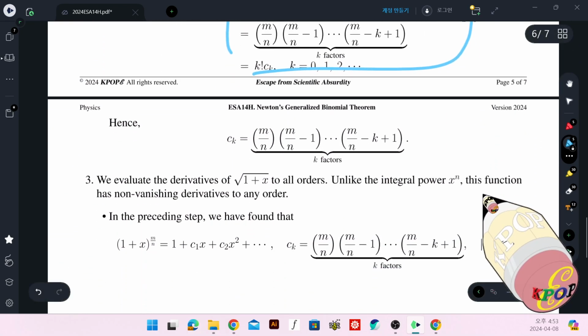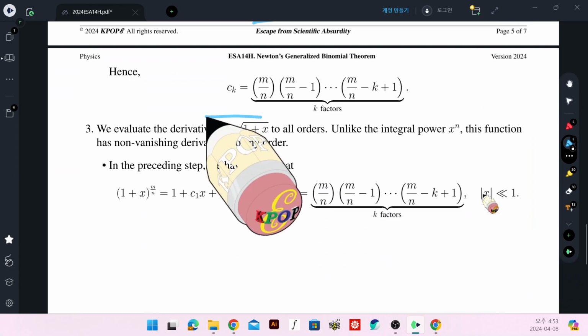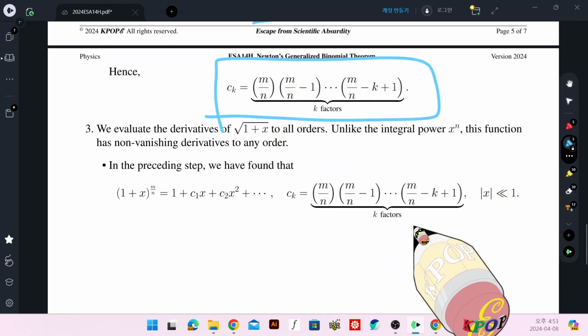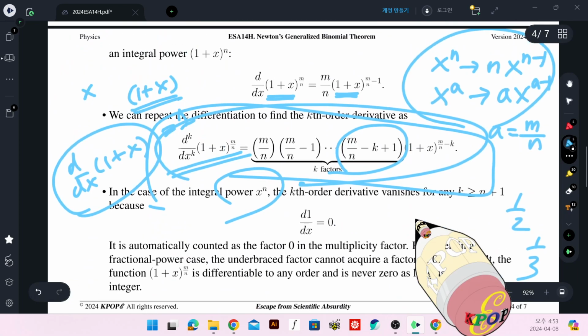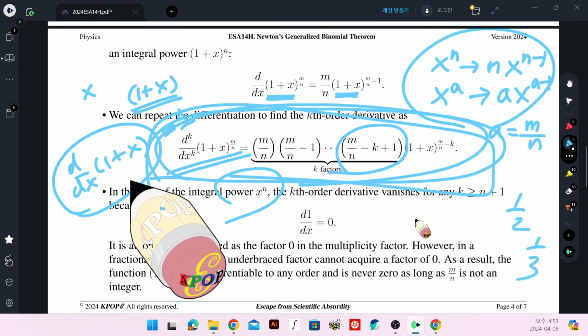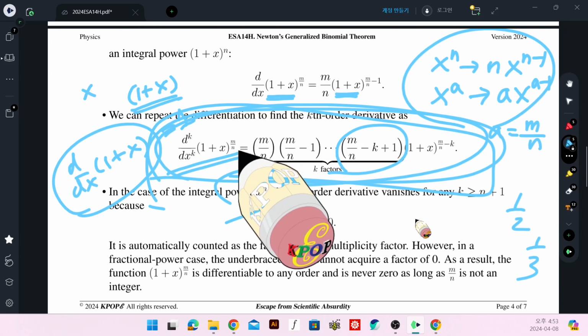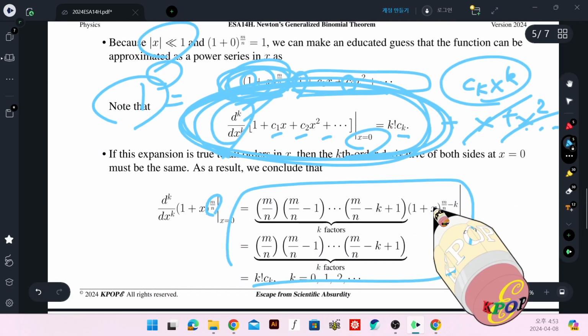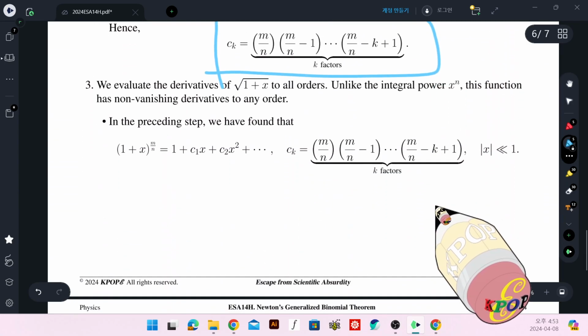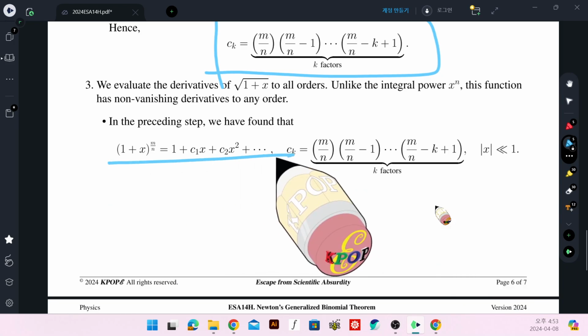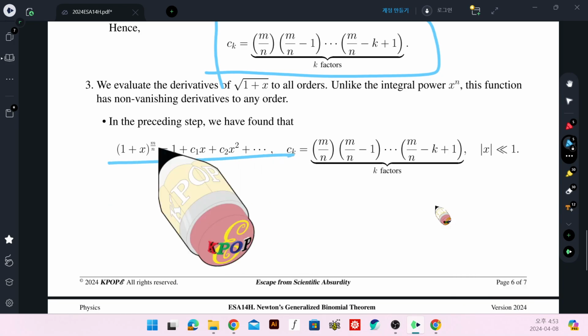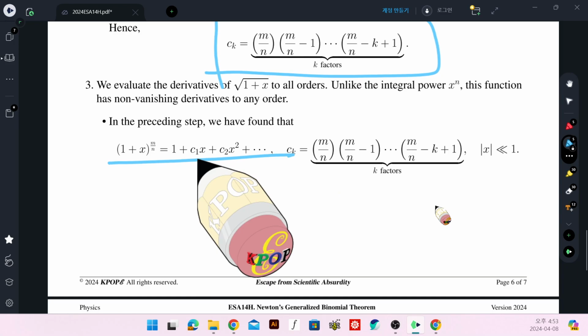Finally, we have found this c_k is like that. We are familiar with the fact that the kth order derivative of x plus 1 to the m over nth power is given like that. As a result, we can say this series has the same derivative to any order at x equals 0.